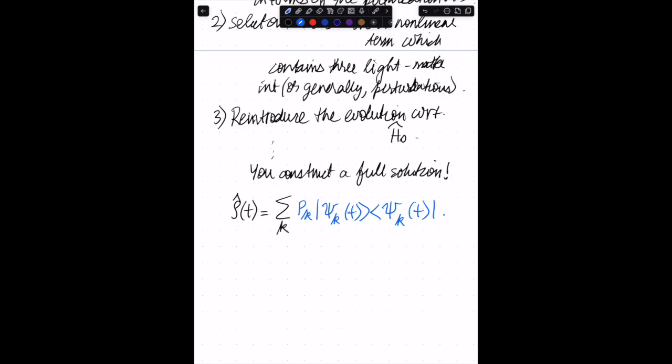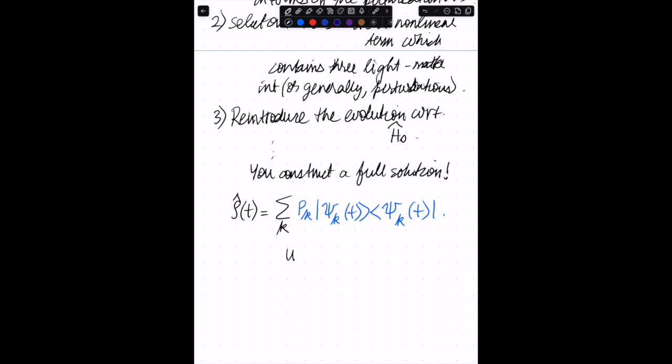As of now, what we have been doing is we consider the time evolution operator for the state vector and another time evolution operator for the Hermitian conjugate of the state vector. Now I will consider a time evolution operator with respect to the zeroth order Hamiltonian only. And by doing so, I'm pulling out the evolution of the quantum system with respect to the matter Hamiltonian.